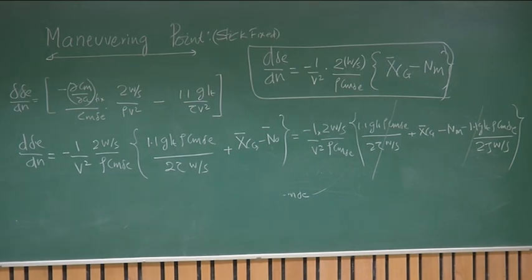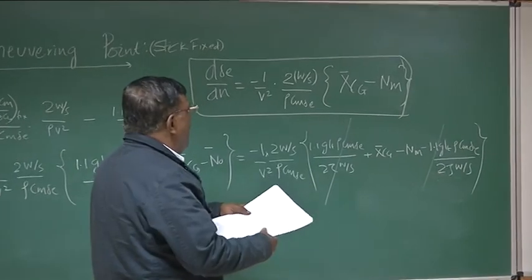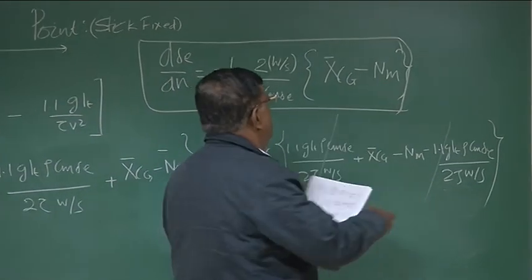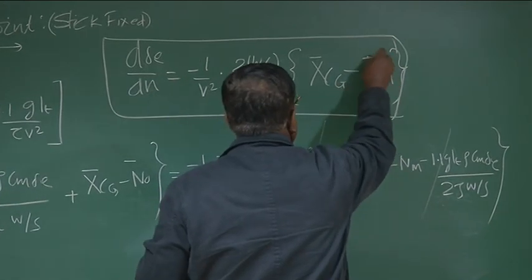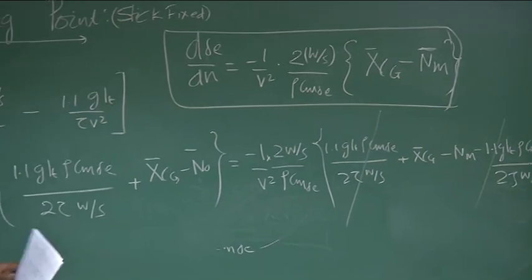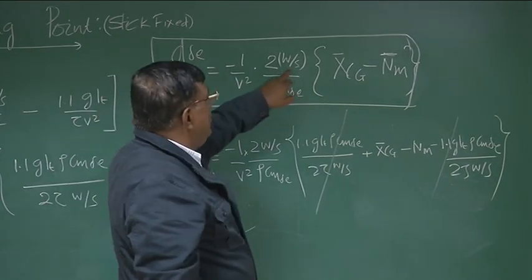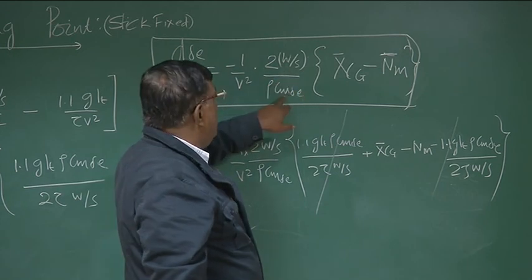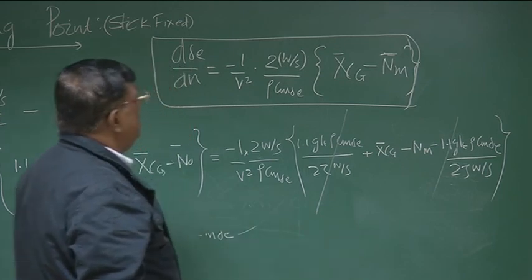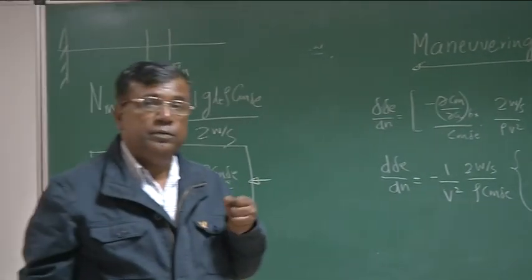Based on that, by doing some algebraic manipulation, we have come to this expression, and it can be verified that if xCg is at maneuvering point, then d delta E by dN indeed becomes 0. It also tells us d delta E by dN depends largely upon wing loading, and inversely on the control power and inversely on the v square. This is very, very important from the pilot feel point of view.